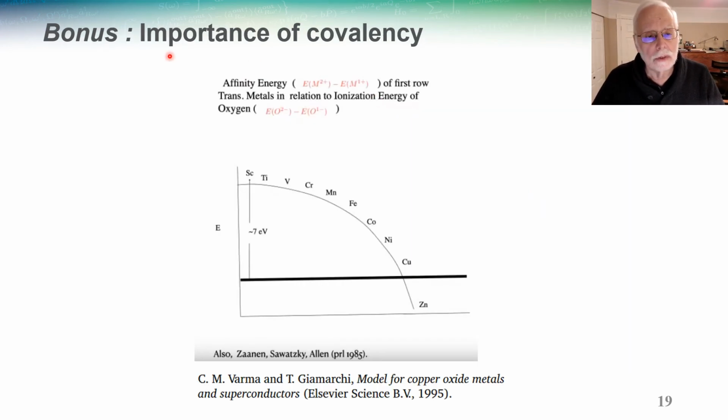We have just understood the importance of covalency in high temperature superconductors, because for a given charge transfer gap, stronger covalent bonds will lead to larger superexchange. So we understand the importance of this old plot of the affinity of first row transition metal compared with the ionization energy of oxygen, and we see that copper and oxygen form the strongest covalent bond.